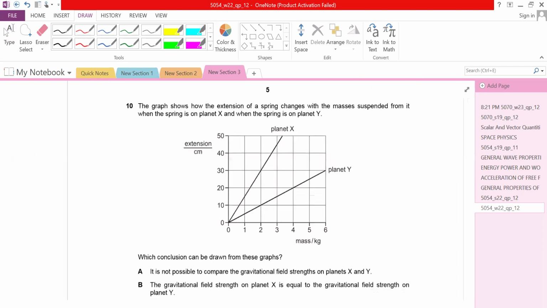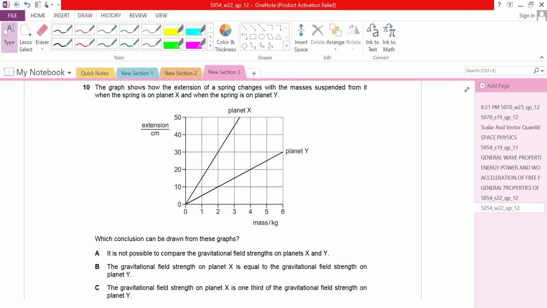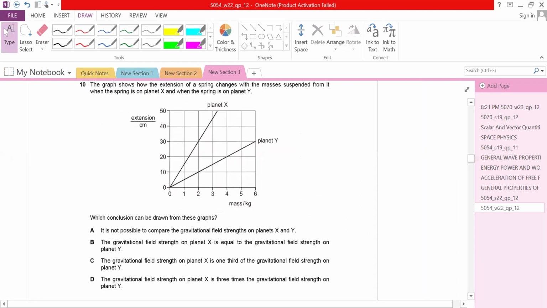Question number 10. The graph shows how the extension of a spring changes with the mass suspended from it when the spring is on planet X and planet Y. The extensions on planet X and planet Y are plotted on a graph. So what conclusion can be drawn? Let's read out the statements. First statement: it is not possible to compare the gravitational field strengths.